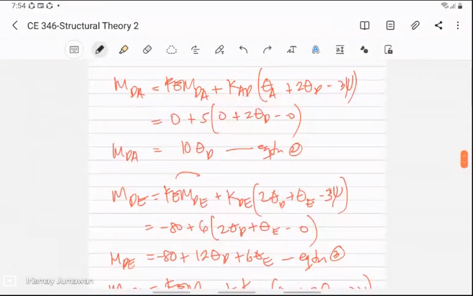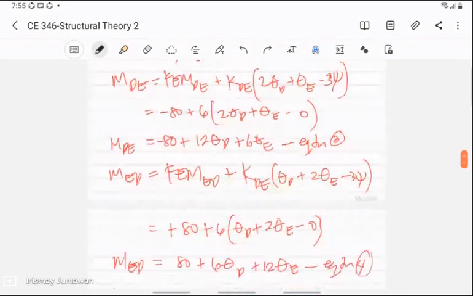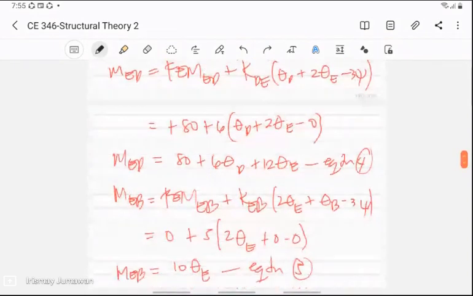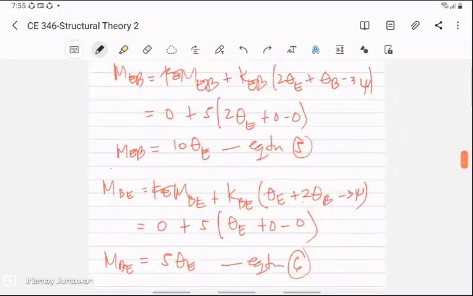For the member DE, you have negative 7 plus 12 theta D plus 6 theta E, that is equation 3. For member AD, you have 6 plus 6 theta D plus 12 theta E, and that is equation number 4. Then you have the member ED, that is 10 theta E, that is equation 5, for the member BE, that is 5 theta.